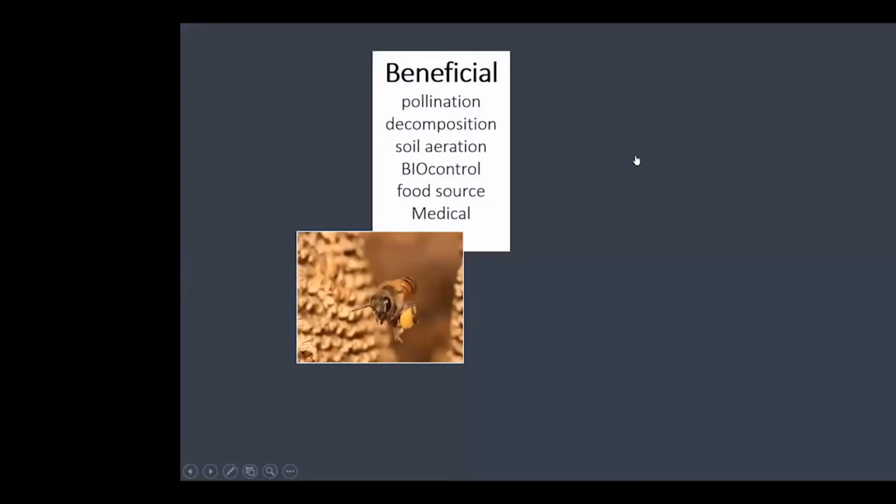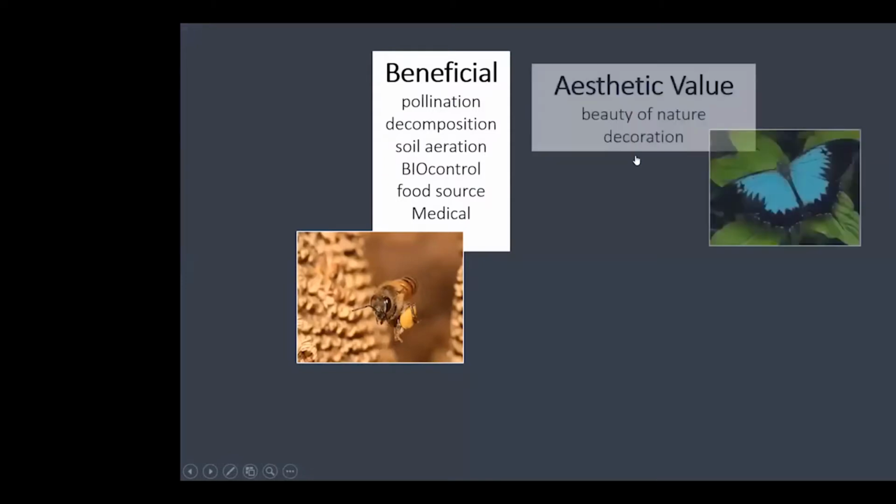And they even contribute to decomposition in the soil, aeration of the soil. One big thing I like to talk about is biocontrol. So that's effectively where one insect eats another insect. Medical as well. Aesthetic value, love a good butterfly. If you've never been to a butterfly garden or a butterfly museum, it's a magical time.